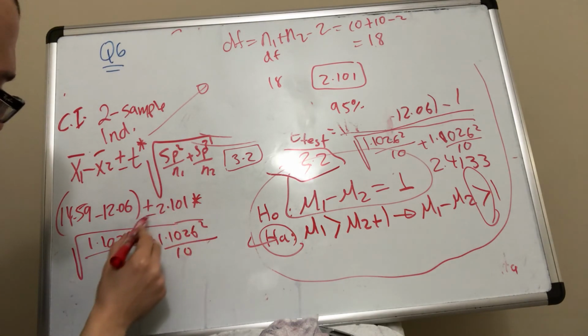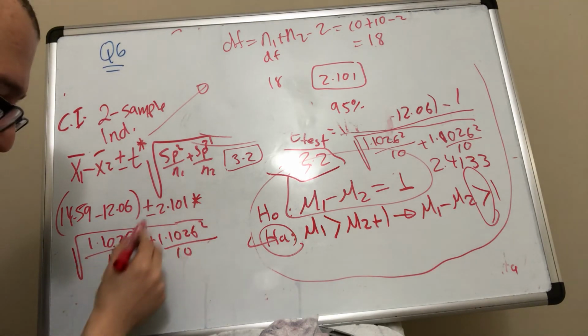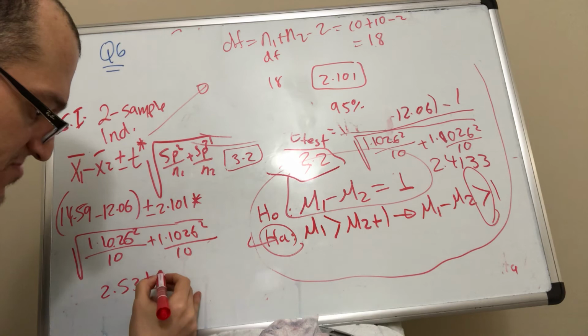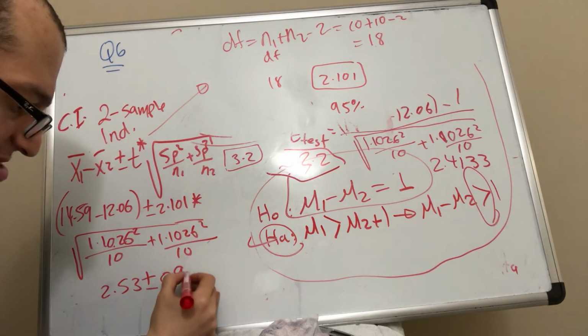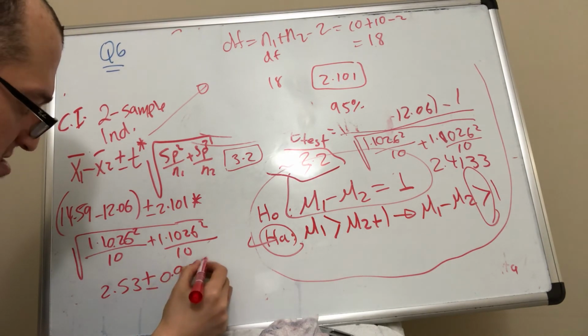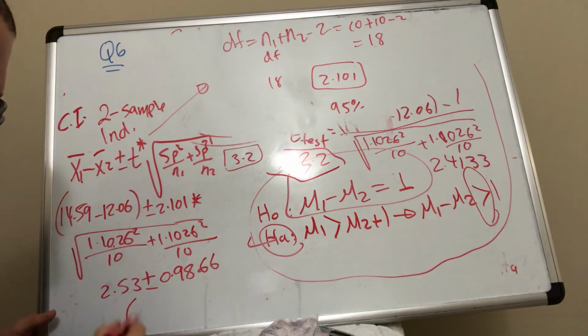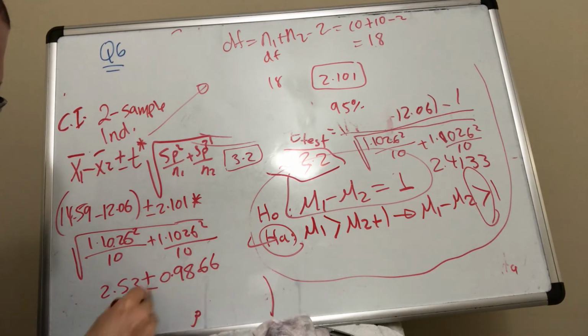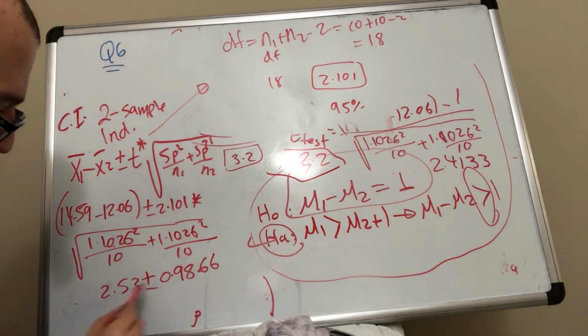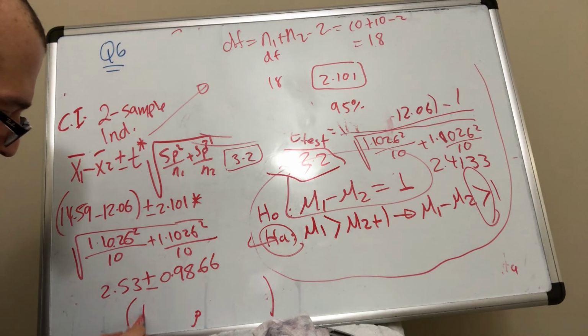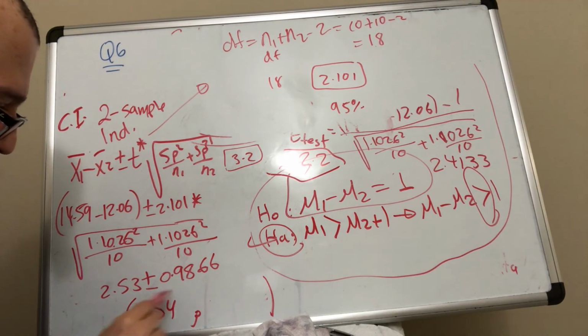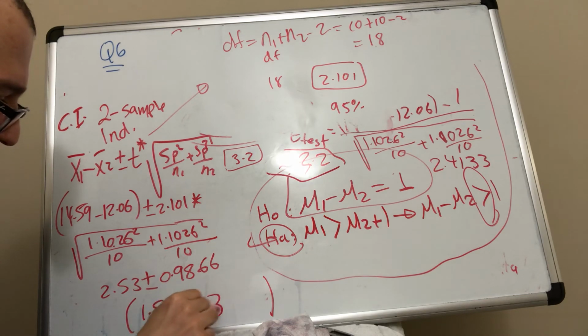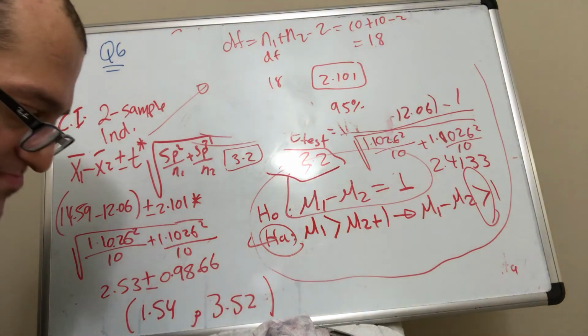Doing the calculation of what's after the plus minus, you find that it's 9866. And like we did for the previous question, you subtract it and you add it. If you subtract, that takes you down to 1.54. You add, that takes you to 3.52.